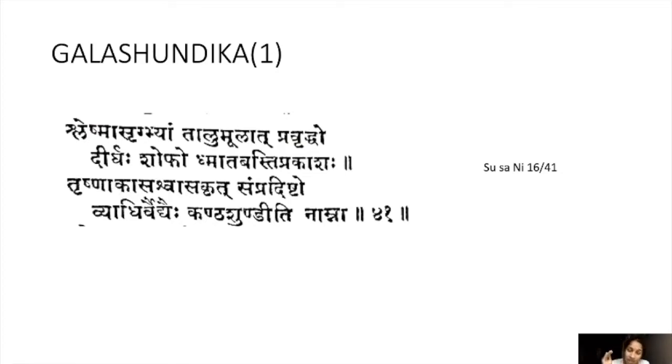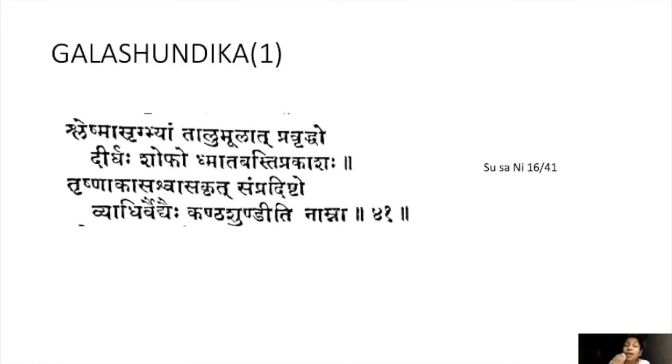So here also Sleshma Asrikpyam. This is caused by the vitiation of Kapha and Rakta, and it is happening in the Talu Mula, that is, you saw in that picture, right? In the uvula, there will be inflammation of the uvula, and it will cause an elongated swelling.